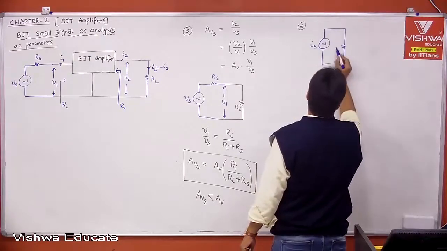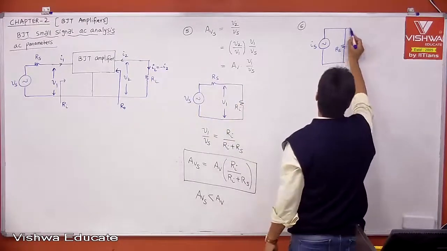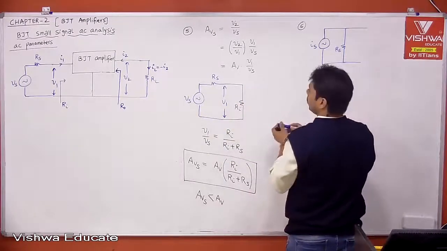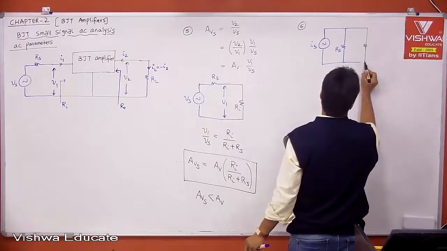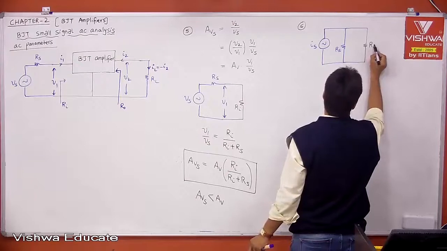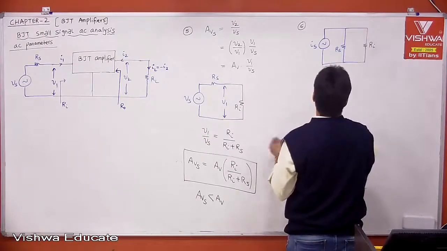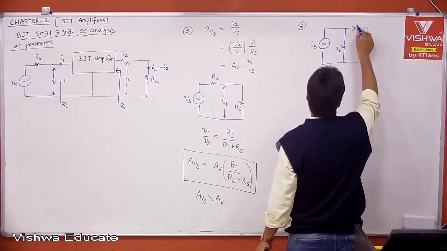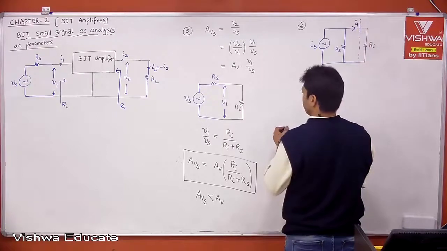Because we can pump current from the current input, then this is your amplifier that is already modeled, which has input impedance Ri. This is your Ri, and the current which is entering into the amplifier is nothing but your I1.